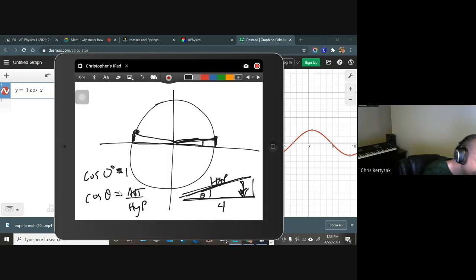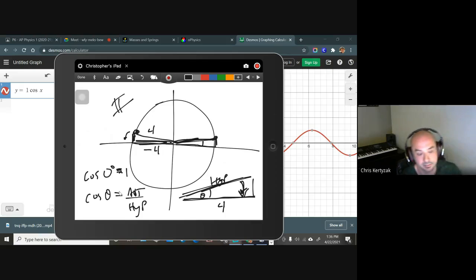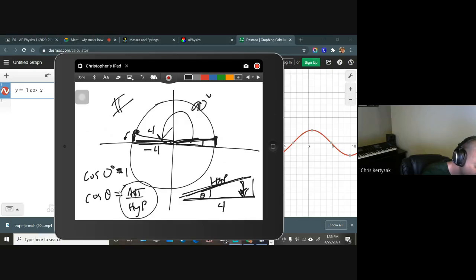On the other hand, when you're in the second quadrant over here, this would actually be -4. And then when you drop this piece down to lay over the top of this one, the hypotenuse, as you know, is always 4 because of Pythagoras' theorem. Then you'd end up with the ratio of adjacent over hypotenuse, -4 divided by 4. Well, that's -1, right? And this is an angle of 90 degrees. That tells us cosine of 90 is -1.